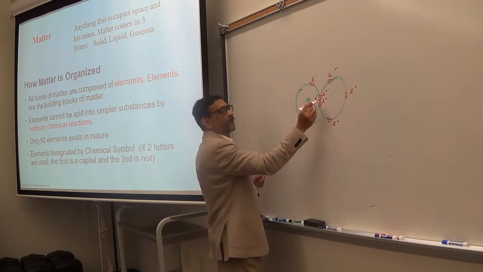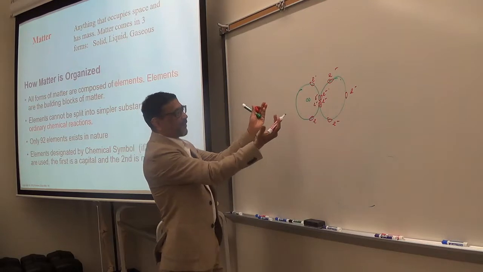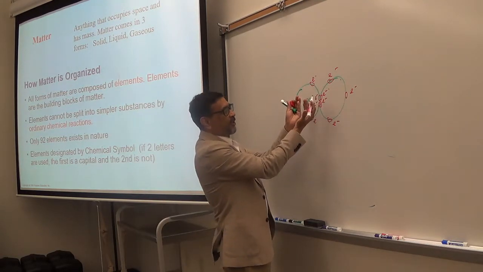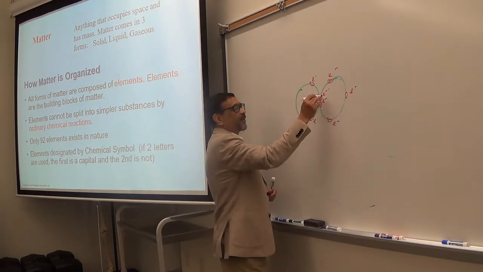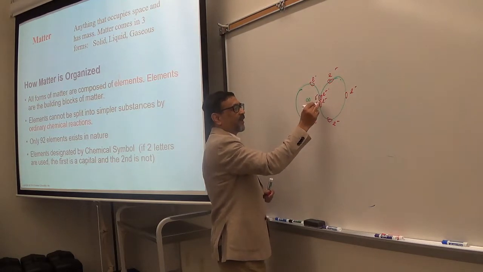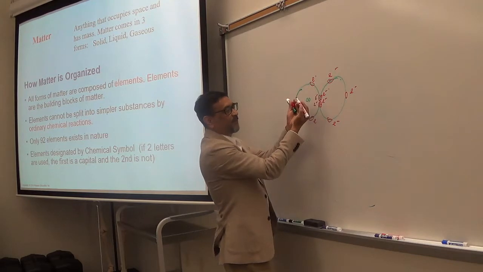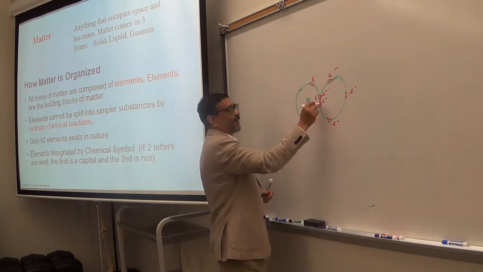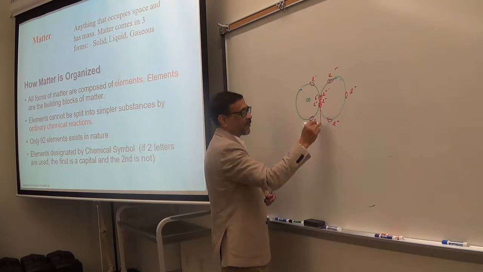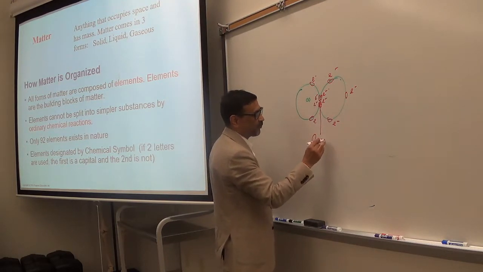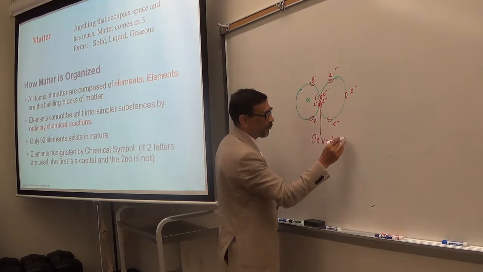Okay, so sometimes what happens when two atoms come close to each other, some of their electrons get attached to each other like this, physically, and form the bond that is called a covalent bond.